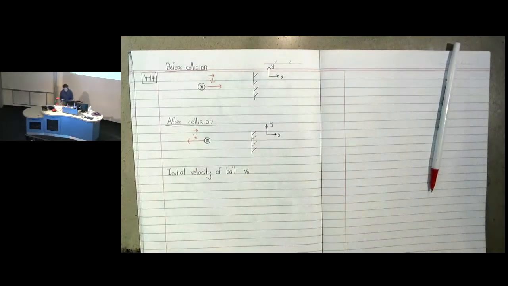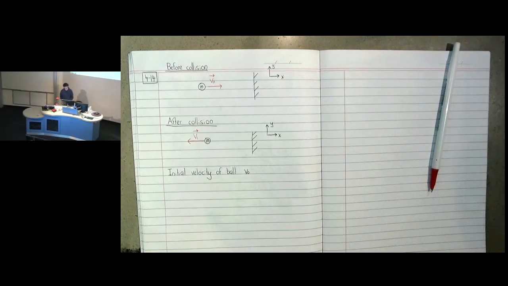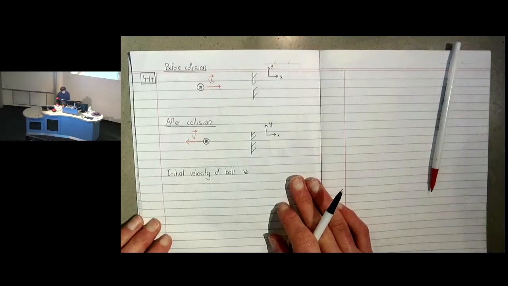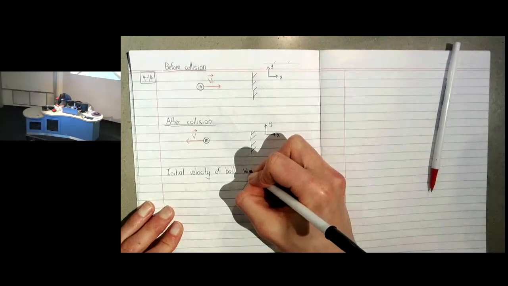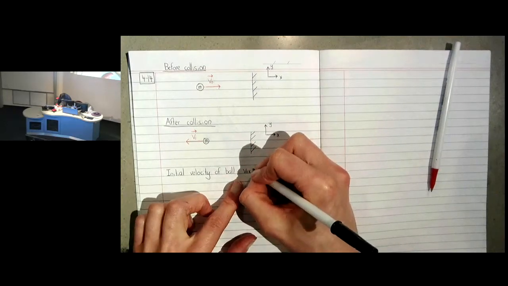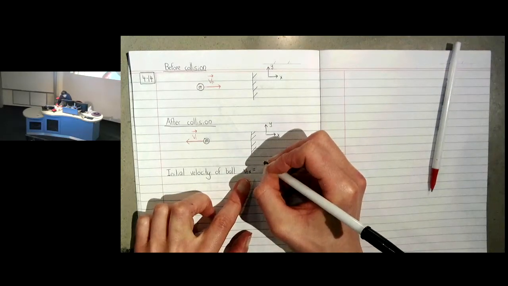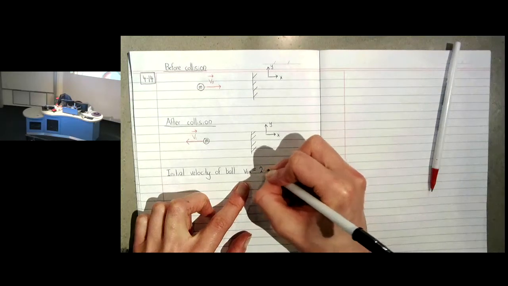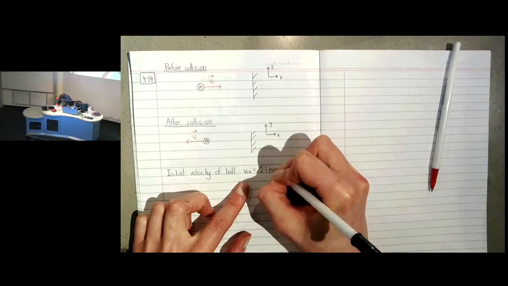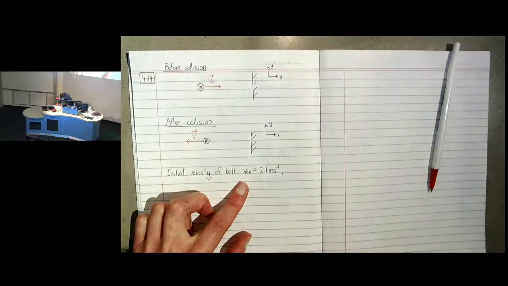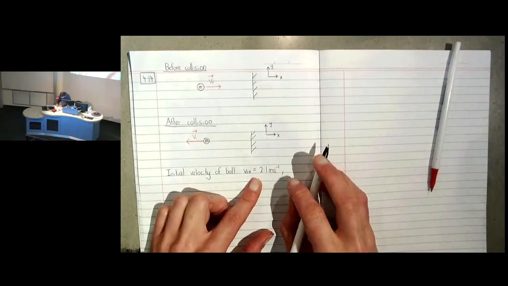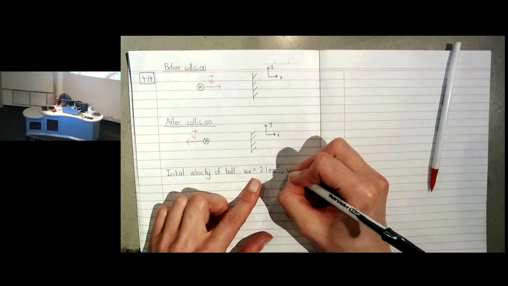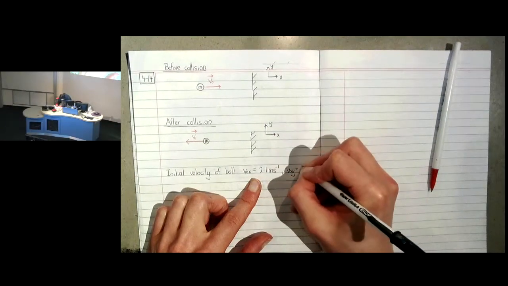Now, it seems to me that we're told the x component of this velocity, because you see we're given a scalar number. So I'm going to say that v0x is equal to 2.1 meters per second. And obviously, because I've defined the x direction to be this way, the y component of that initial velocity was just 0.